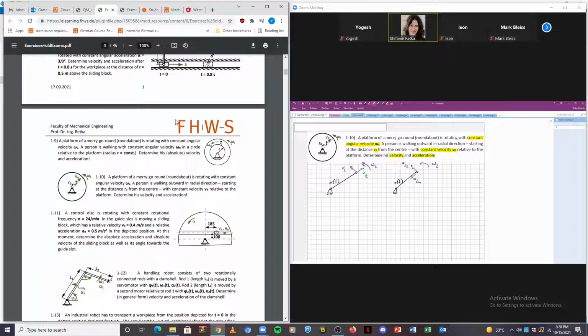The fingers indicate the direction of omega L, same as in statics, engineering mechanics 1, where we discussed the direction of the moment. Then our index finger points in direction of the relative velocity, the green vector. And our middle finger shows the direction of Coriolis acceleration.